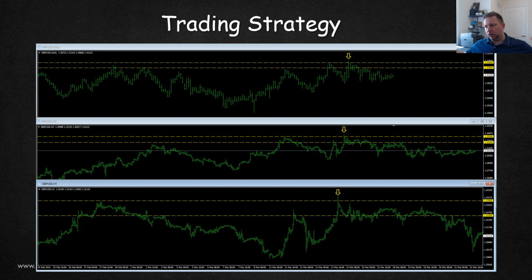Weekly represents long-term flow, daily shorter, 4 hours shorter, and so on. When I have multiple time frames telling me the same story, the same trading idea, with different market phases, periods, and levels, I have much better chances to find a winner.